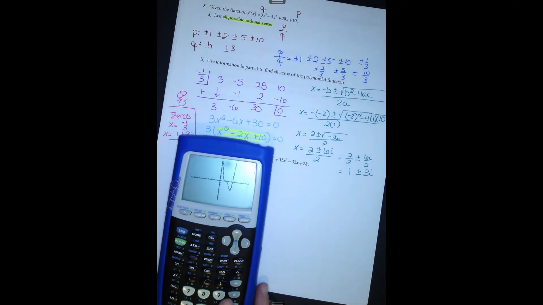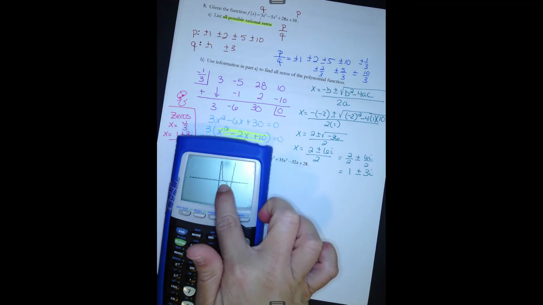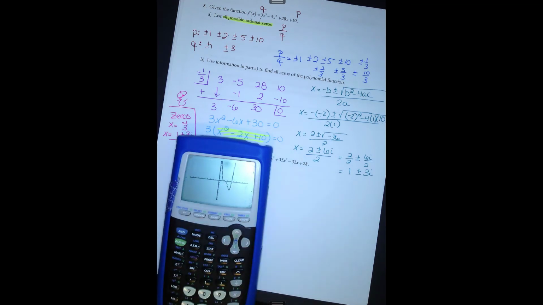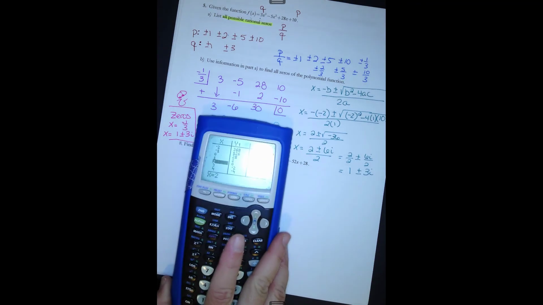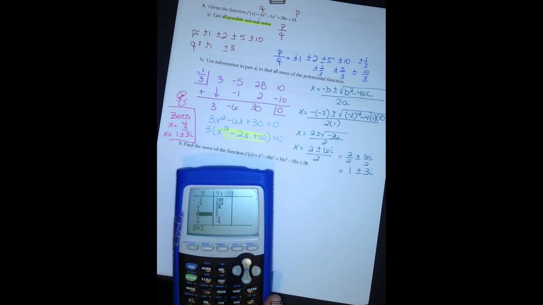So here's our function. Kind of looking at, kind of sort of looks like it is going through 2. So we can look at our table and we're going to notice 2. Oops, there we go. 2 does give us a nice little 0.